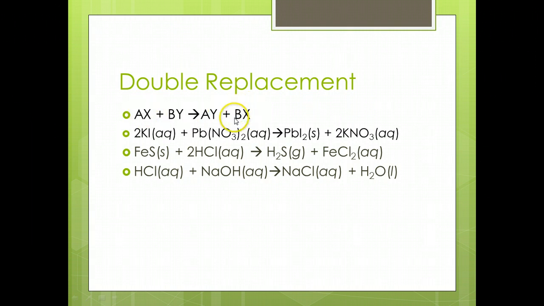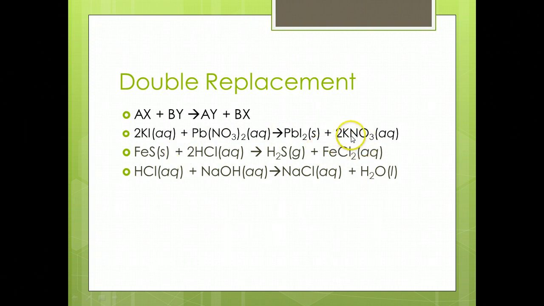It has to be my cation and then my anion. So here we have potassium with iodine and lead with nitrate. When we go to our product, we get lead with iodine, lead 2 iodide, and then we're going to get potassium with nitrate.